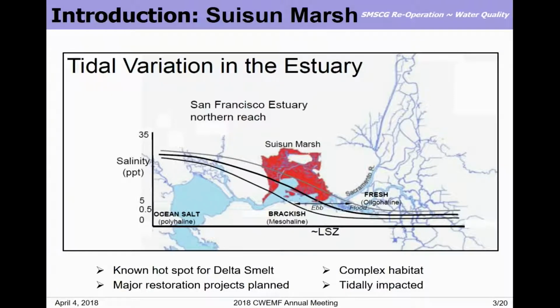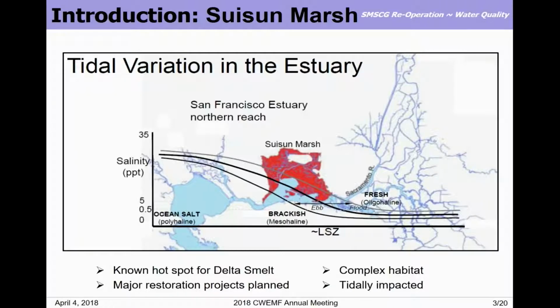At the same time, this is also a very complex habitat because it's highly influenced by the tide from the bay. The plot here I borrowed from Chris Enright's presentation about the Suisun Marsh.